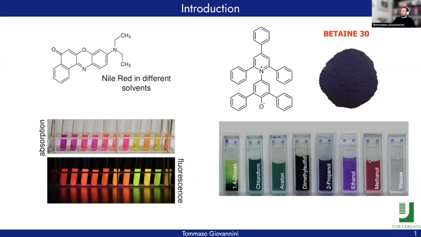For Betaine, it can go from transparent to red to violet to green to blue. Okay, so it can vary a lot depending on just the environment. When you take Betaine-30, it is just a violet black powder.